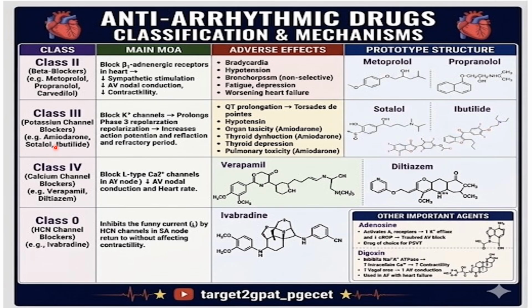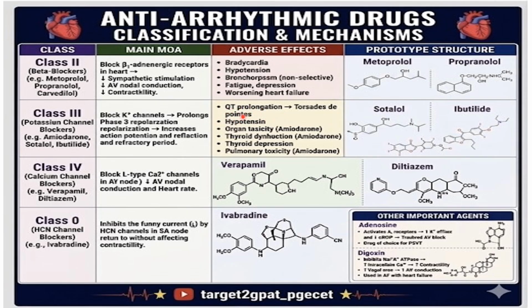Other well-known examples are amiodarone and ibutilide. They block the potassium channel, prolong the phase 3 repolarization, and increase the action potential and refractory period. Whenever the refractory period is increased, they cause QT prolongation, as we have seen in the case of quinidine also.